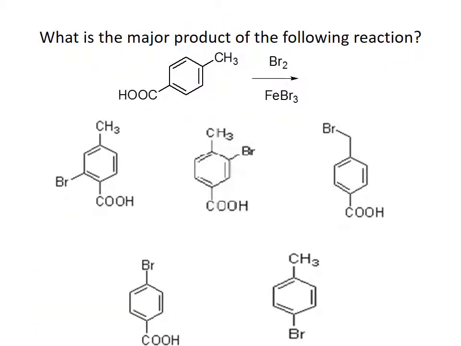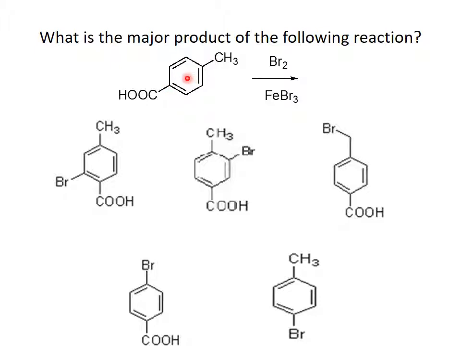What is a major product of this reaction? Well, if I look at this reaction, I see I have an ortho para director with the methyl group. So that will direct to this position since para is already covered up. And then here I have a meta-director.